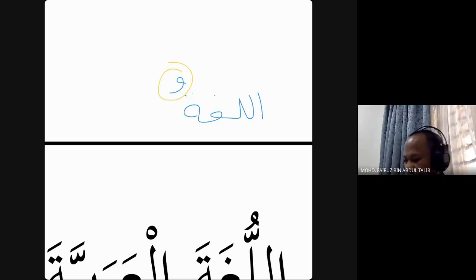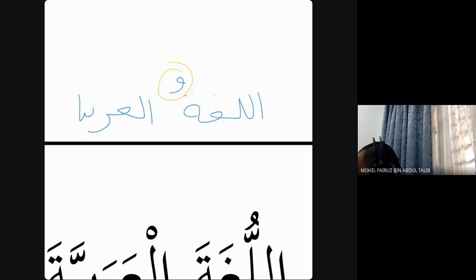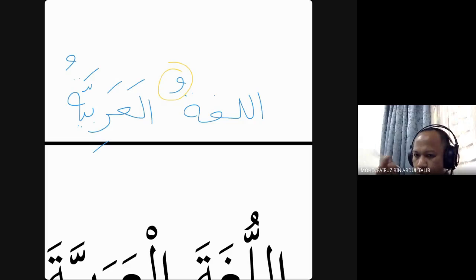So when you learn the individual phrase, they will write al-lughatu al-arabiyatu. They will end every word with this u, dhamma. Okay, that is for individual words.